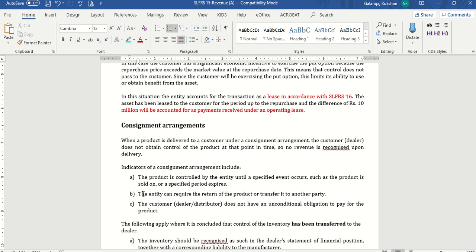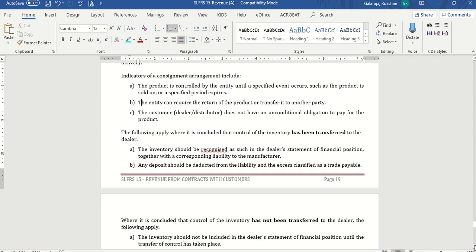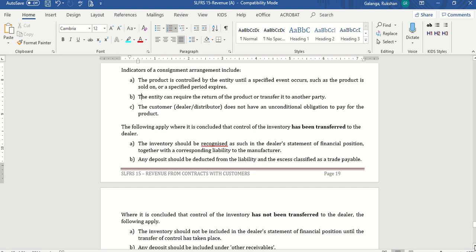So until that is sold to the third party, the entity should not recognize the revenue in their financial statements unless the item is sold by the dealer to the end customer.